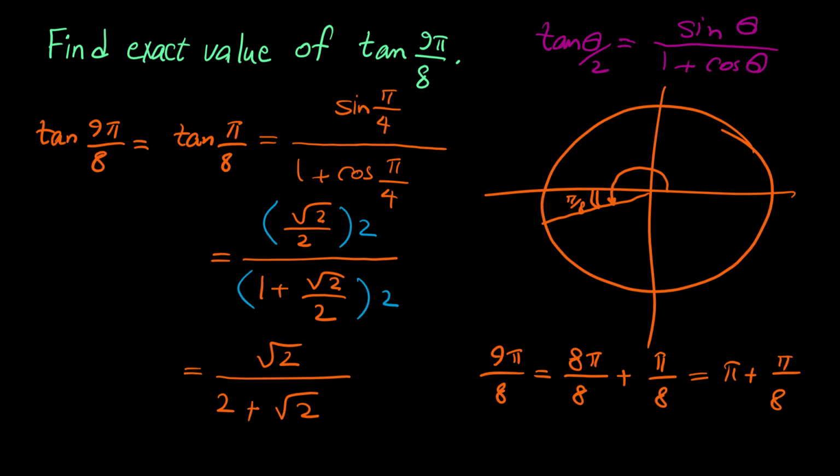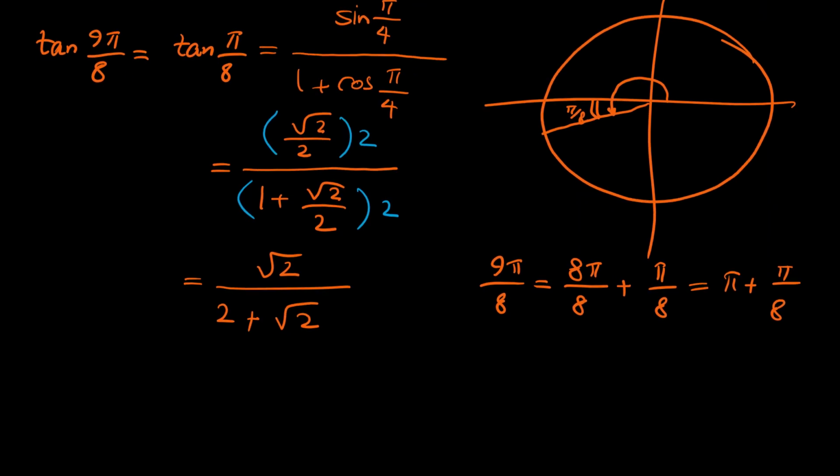This can be your final answer, but if you would like, you can rationalize this answer. If you want to rationalize your answer, simply you can multiply the numerator and denominator by the conjugate of the denominator, 2 minus radical 2. In this way, you can rationalize.